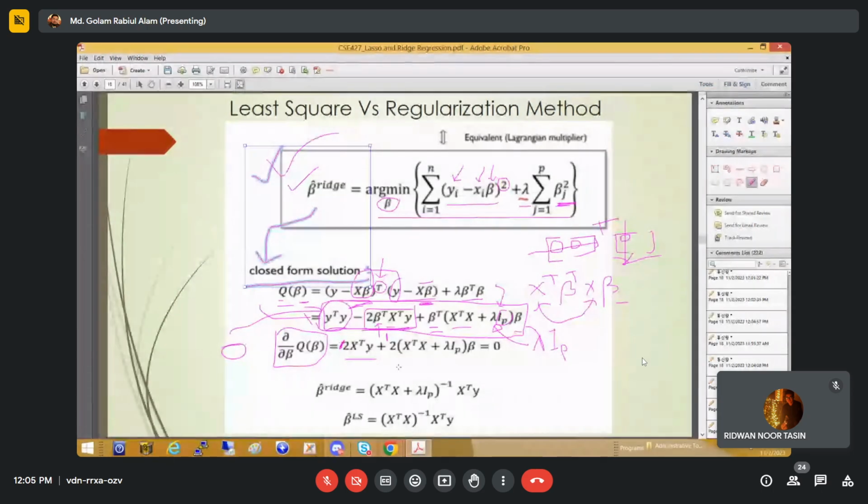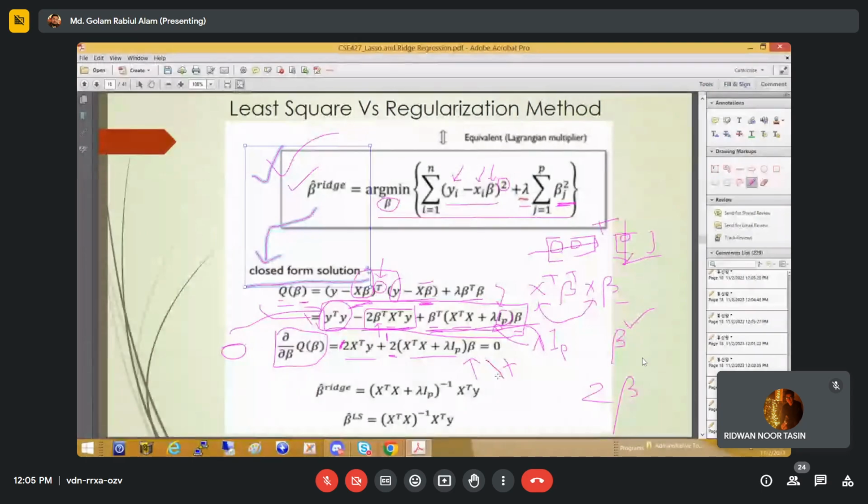And then here we have β transpose and β, that means it is kind of β square. If we take the derivative of this β square, then it will be 2β. Here this 2 and these are just constant, so it will not change the values, and β is β. So 2β. Now to solve this equation, we have to set it equal to 0. If we set it equal to 0, then we will get this equation.